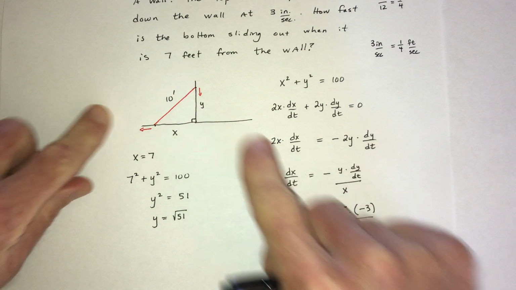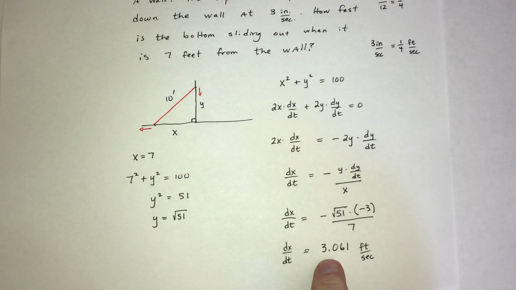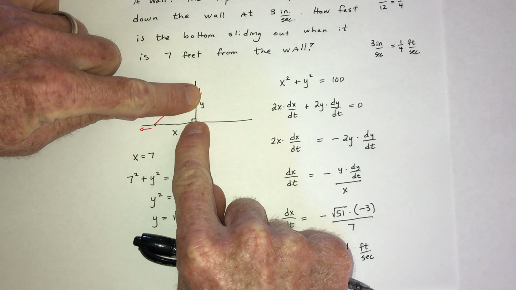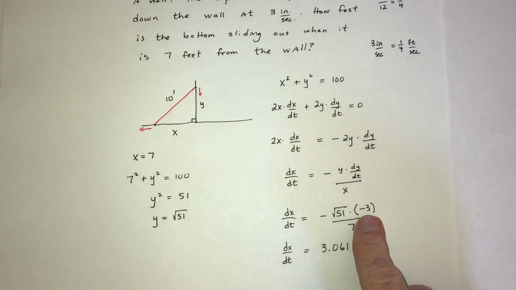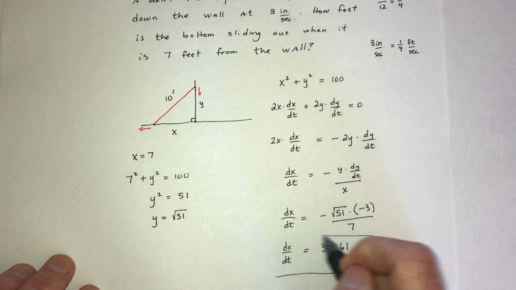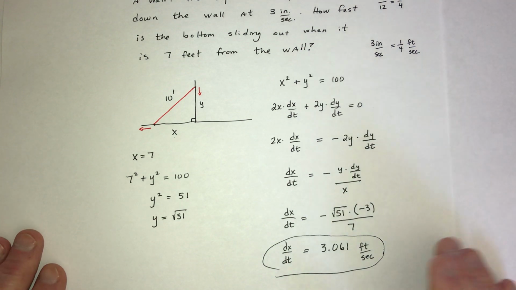So if the x is getting bigger, its derivative is positive. The y, on the other hand, would get smaller and smaller and smaller. That's why we had to use negative on this 3, because the derivative of the y would be negative. All right, so that's it for related rates.